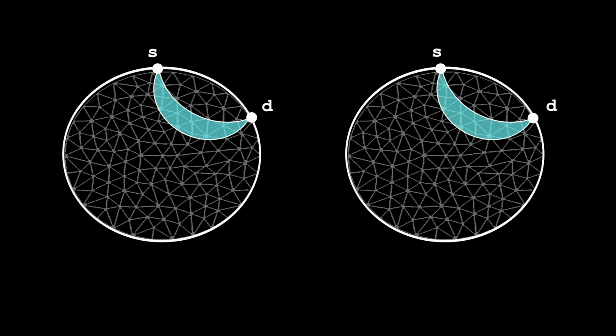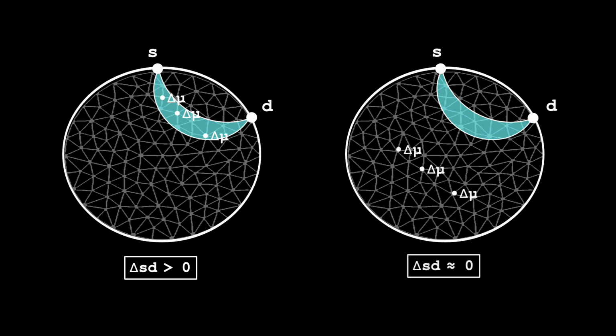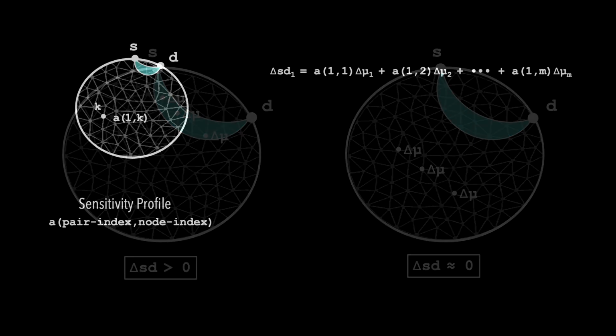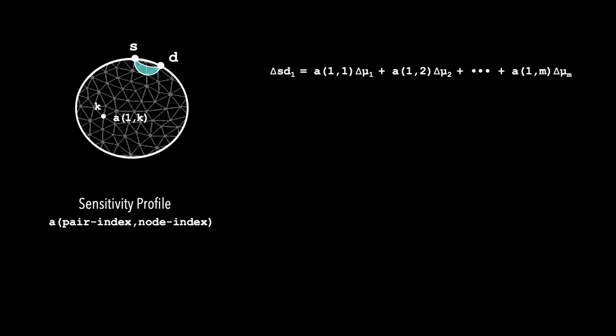Intuitively, we anticipate a stronger effect if the absorption changes intersect the optical banana for the source detector pair. Conversely, we anticipate a weaker or negligible change if they do not. Then, given a change in absorption affecting all mesh nodes, we can calculate its effect on any given source detector pair measurement by multiplying the change in absorption at each node by the value of the sensitivity profile at the node and summing the product across all nodes.